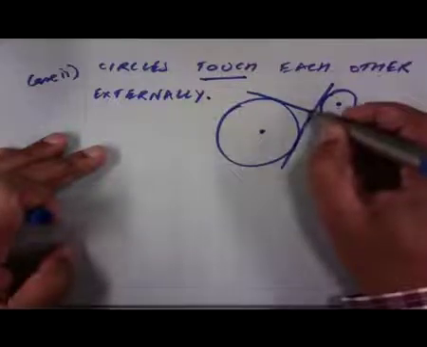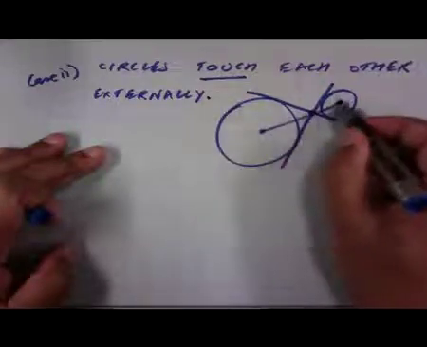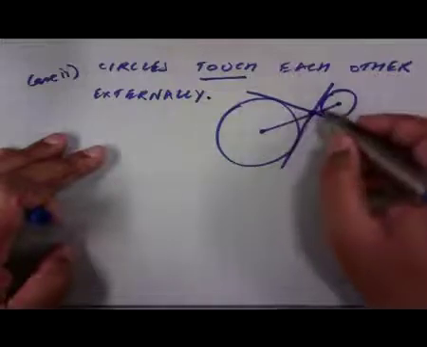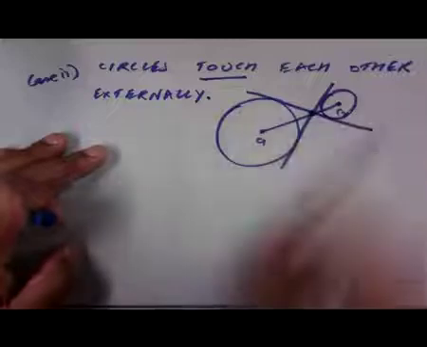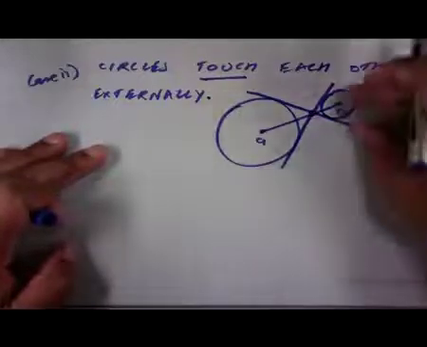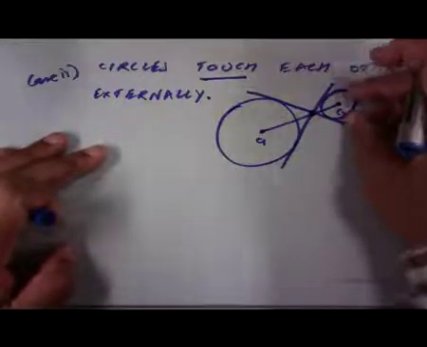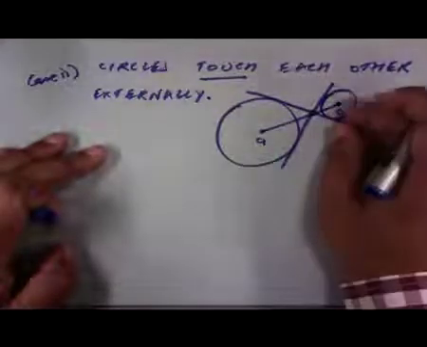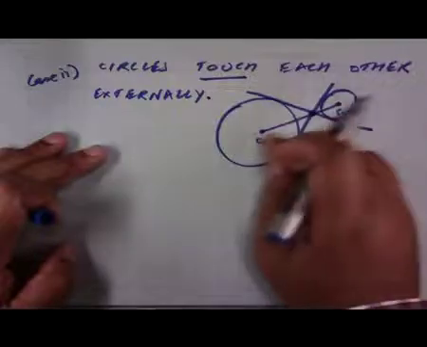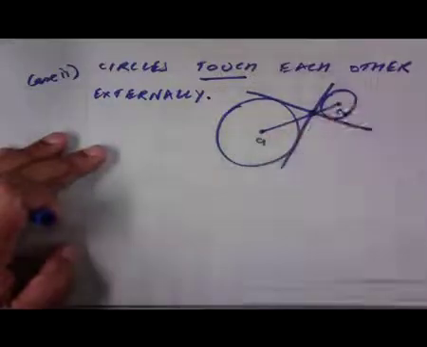This was the point of intersection of the transverse common tangents with the line joining the centers of the circles. Now, what if we start moving this circle towards the first circle along the same line joining the centers?